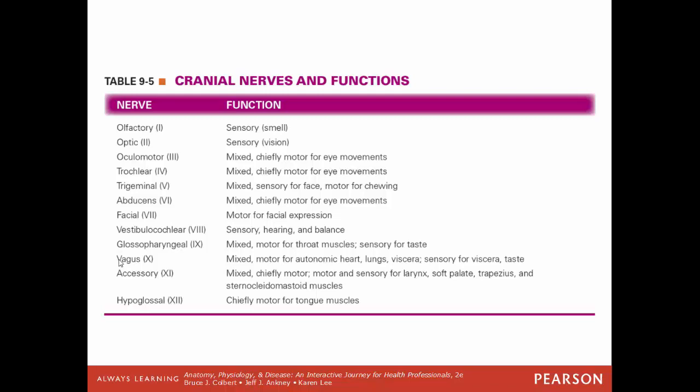Accessory will include motor and sensory information for the voice box, soft palate, and muscles of the neck. And number 12, hypoglossal. The chief motor function is the tongue muscles.